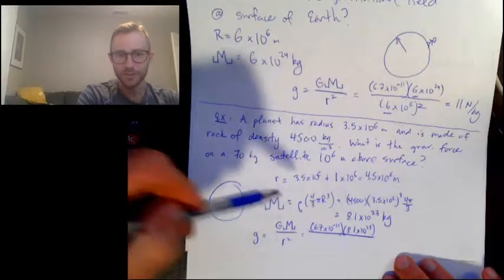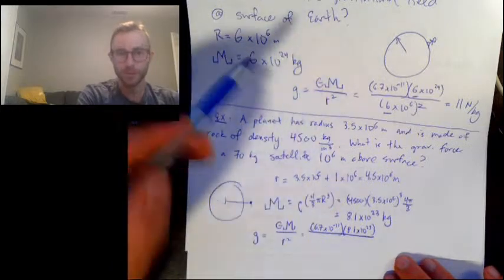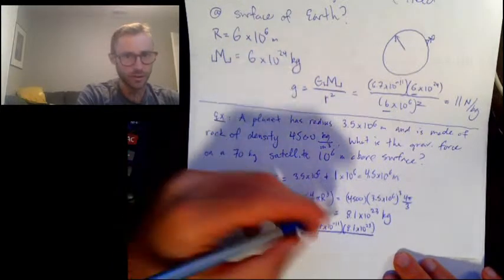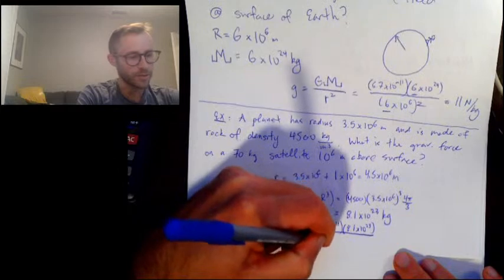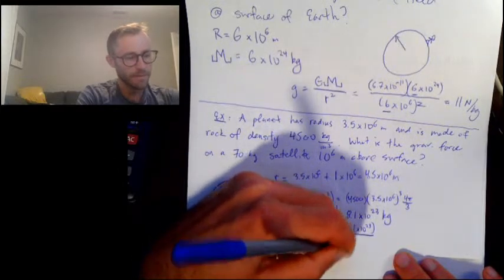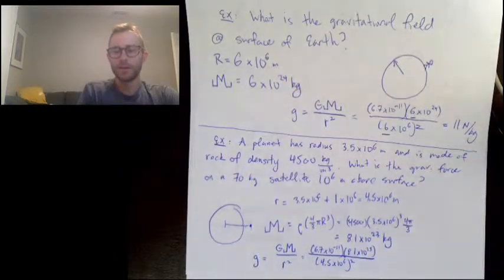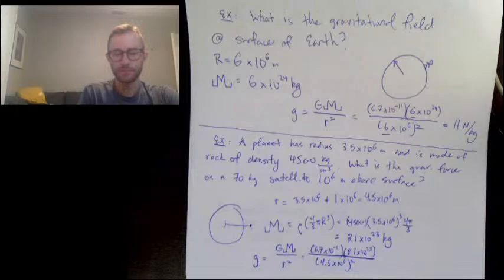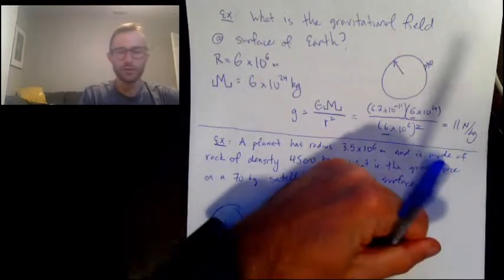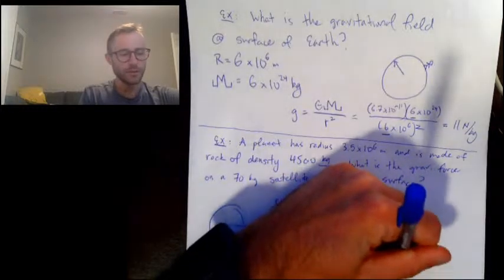We're using the distance of the satellite from the center of the planet, which is 4.5 times 10 to the 6th. Now I can get the gravitational field, which is 2.7 newtons per kilogram.